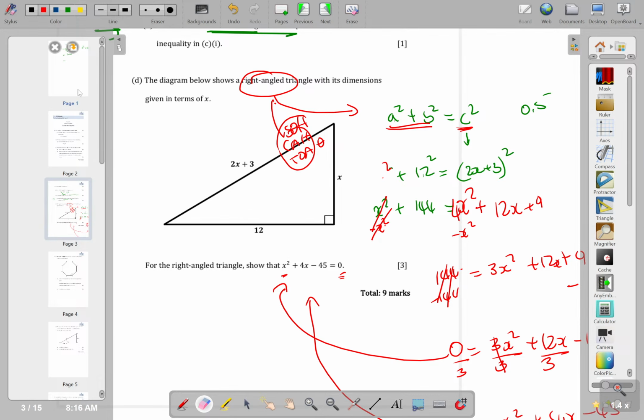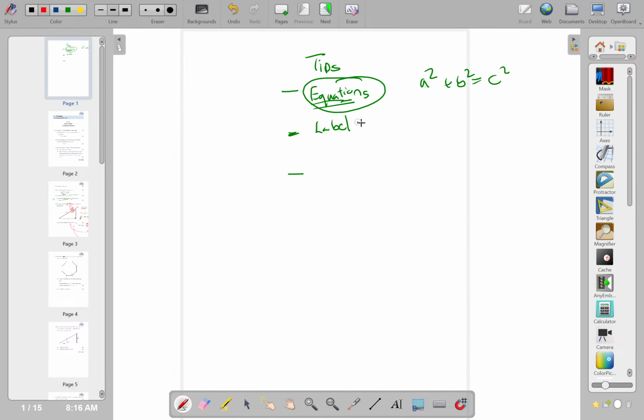Hope that makes sense. So we'll learn how to label. Label your graphs, label any drawings that you're given. When you transform and transpose, make sure you label it. So if it's B over here and it looks like this object, and you transform it over here and it expands or enlarges, call it B prime when you're doing your labels. Write the equation. We just saw the Pythagorean in action a while ago.